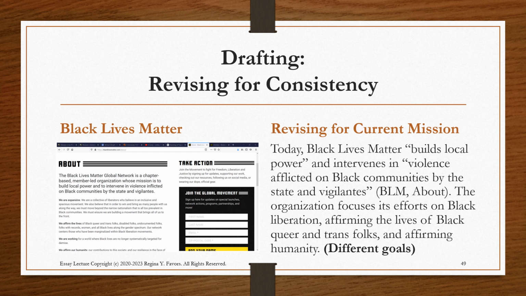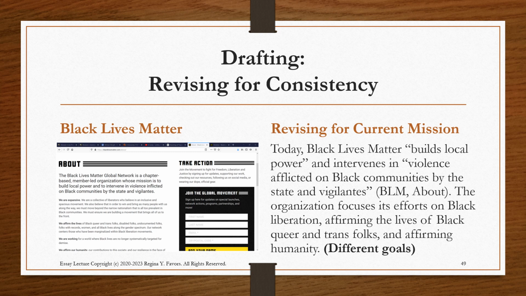Today, Black Lives Matter builds local power and intervenes in violence inflicted on Black communities by the state and vigilantes. The organization focuses its efforts on Black liberation, affirming the lives of Black, queer, and trans folks, and affirming humanity.